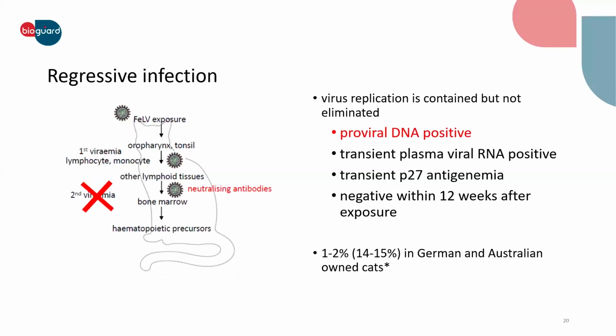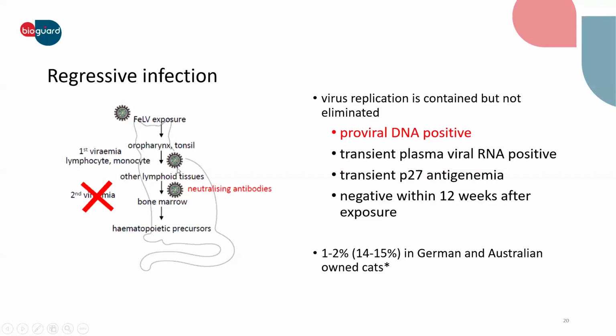And for regressive infection, the cat doesn't have a good enough immune response, so there's no early neutralizing antibody to block the infection of the virus. So it will infect the oropharynx and tonsil, producing the first viremia.